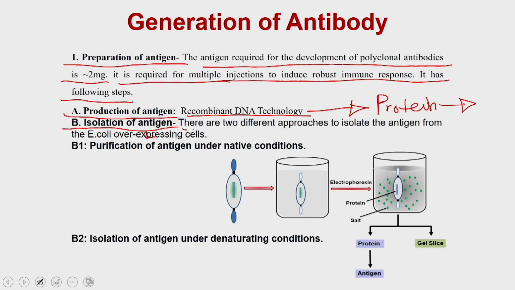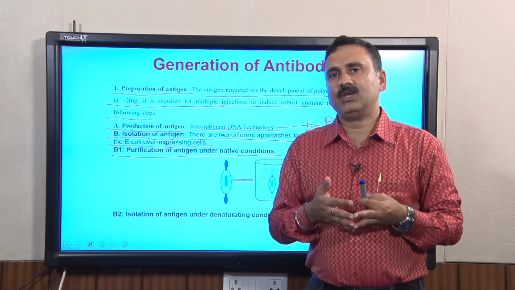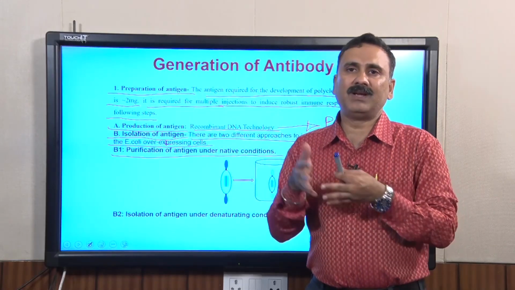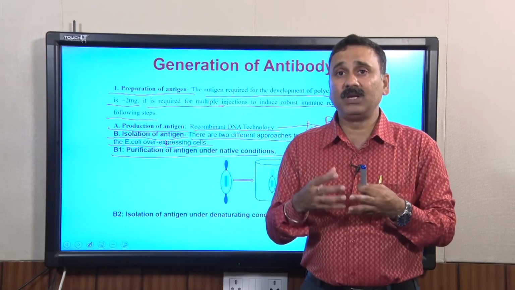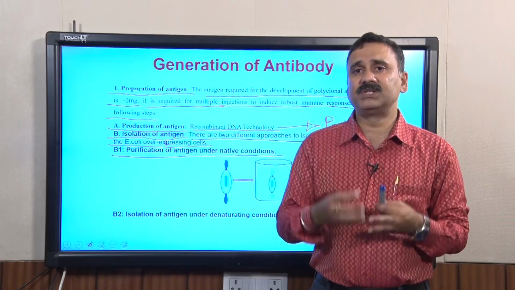There are two different approaches to isolate the antigen from the E. coli overexpressing cells. You can use the purification of antigen under the native conditions. In those cases, you can overexpress the protein in E. coli, and then you can use ion exchange, hydrophobic or gel filtration chromatography, and that will give you a large quantity of purified protein in native conditions.